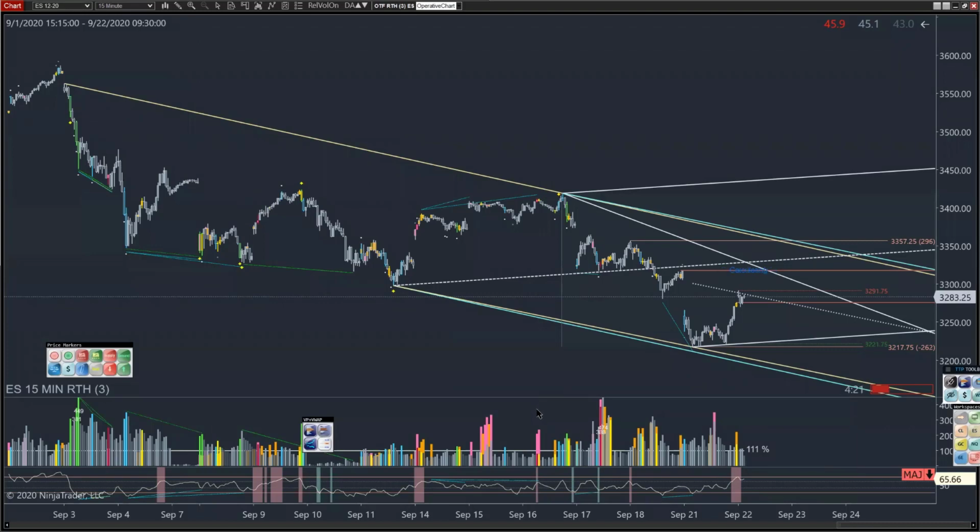Let's just see. We may have a long setup if it goes down and makes one more C wave down because it's at a lower high at the moment. It's at that 33.31, the heart of this volume. Oof, that's really going to look good if it goes up and breaks 33.31.